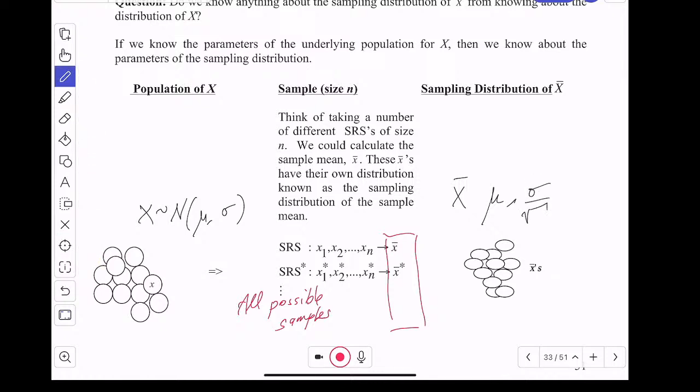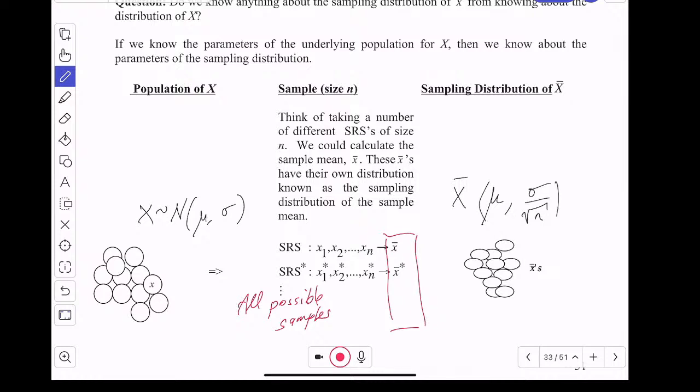And it turns out if you start with a normal distribution, they are going to be closer by a factor of 1 over root n.